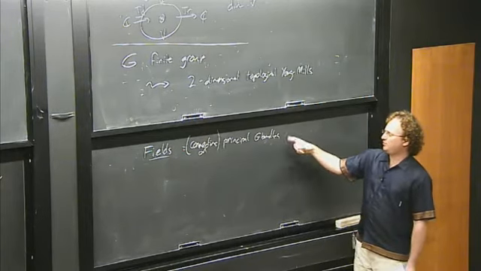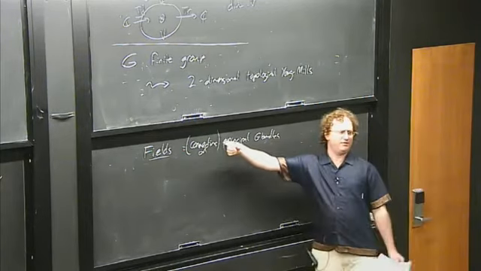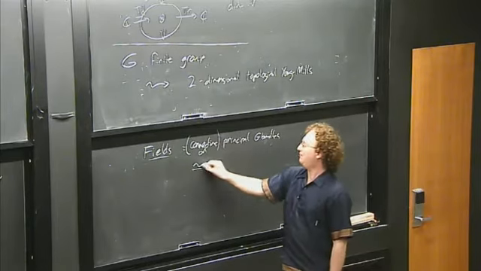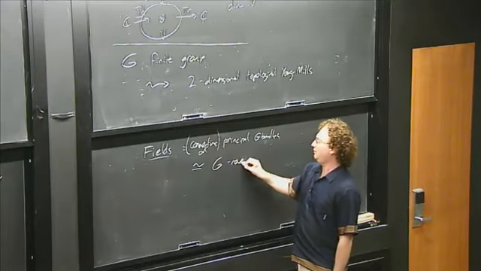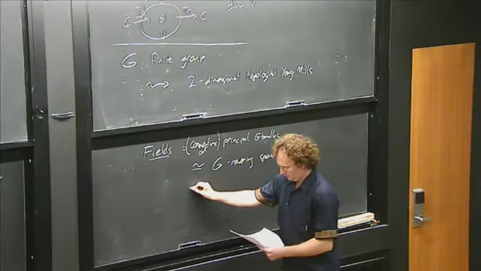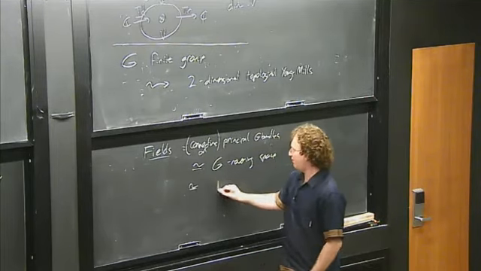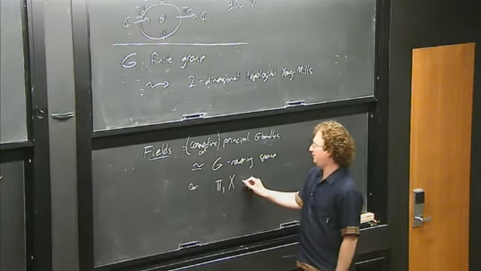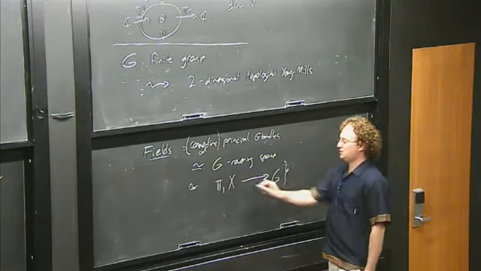But since my group G is finite, having a principal G bundle, having a flat principal G bundle, having a G covering space, or having just a representation of the fundamental group of my space-time into G, these notions are all equivalent.